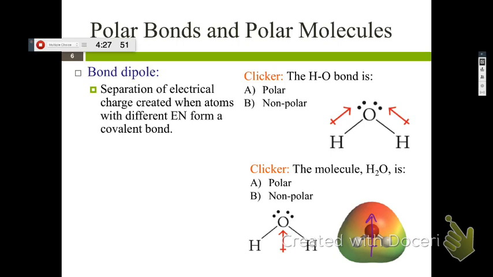So in this case, delta plus, delta minus, which atoms are going to have delta plus and which atoms delta minus? Because the electron density is pulled a little bit away from the hydrogens, and it's pushed towards the oxygen that's pulling it in tighter.